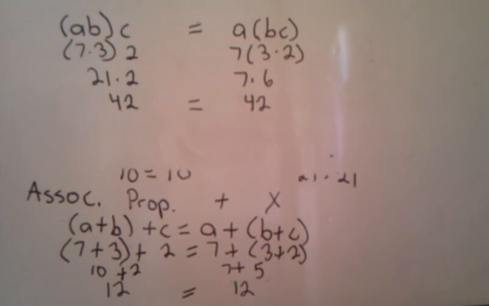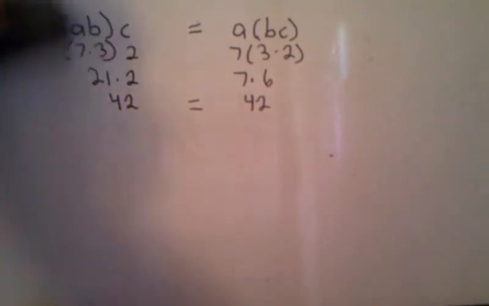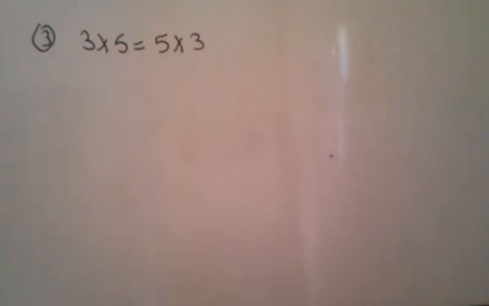So let's go ahead and click Show Problem, and let's look at our assignment. Let's look at number 3. Number 3 gives me this problem. Which property does this represent?